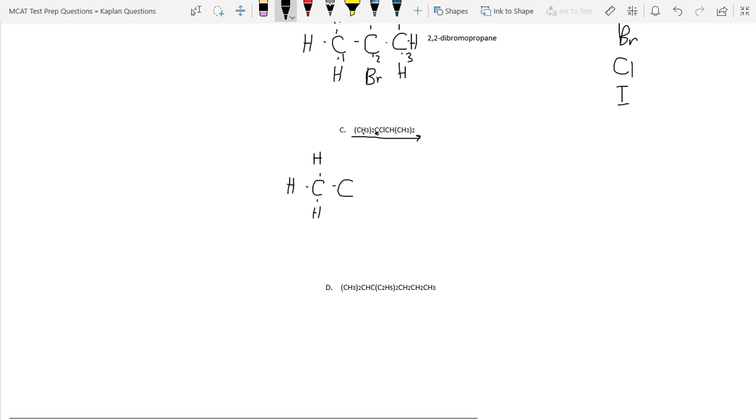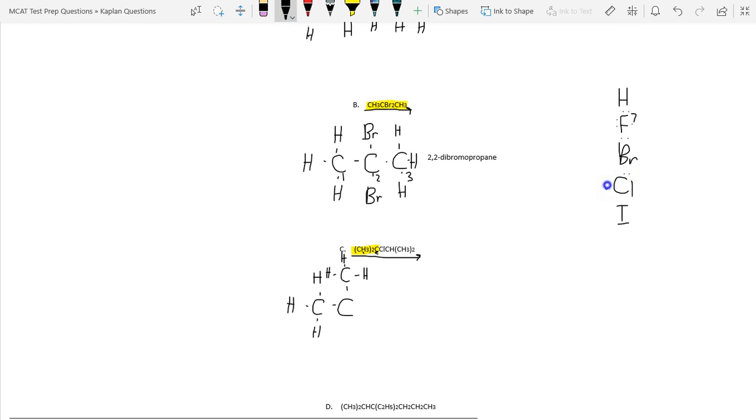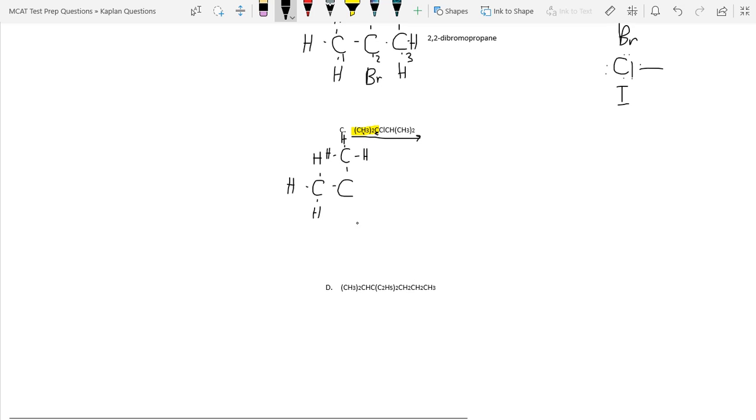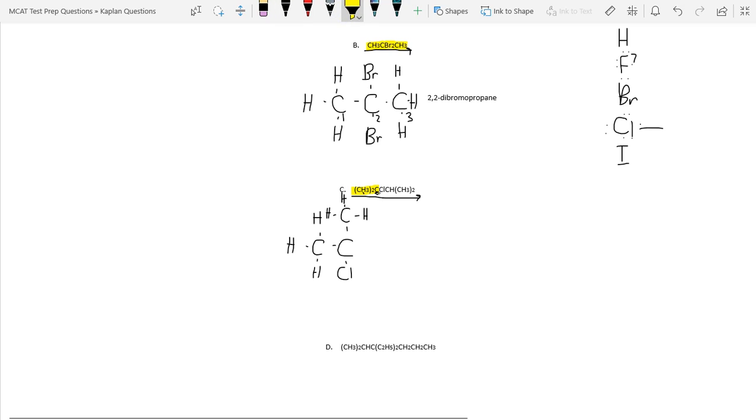And so since I have 2 of these, one of them is going to go on that carbon. So I have all of that done so far. And then I have a chlorine. Again, this is one of the ones where there's 7 electrons in its outer shell. It just needs 1 more. So if it bonds, it'll fill its shell. So Cl is connected to that carbon there because it doesn't have any hydrogens.